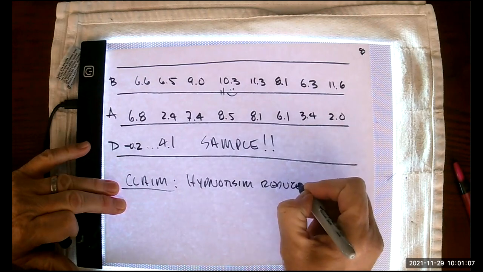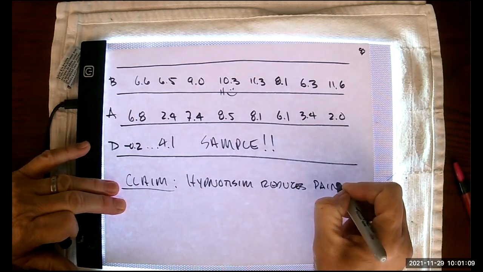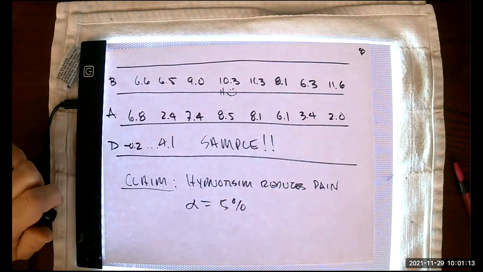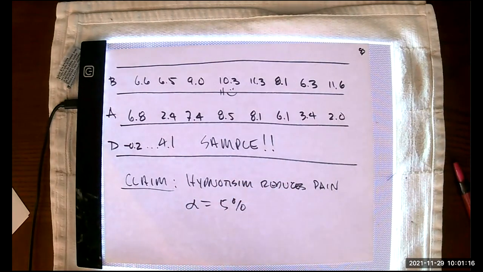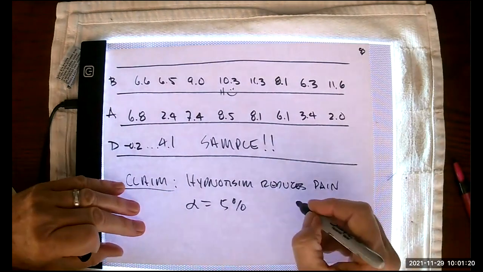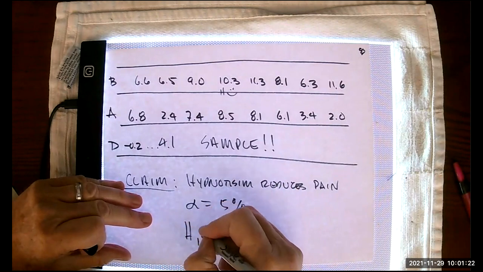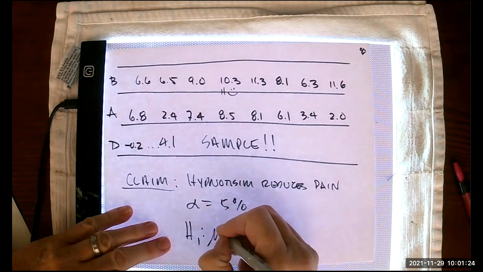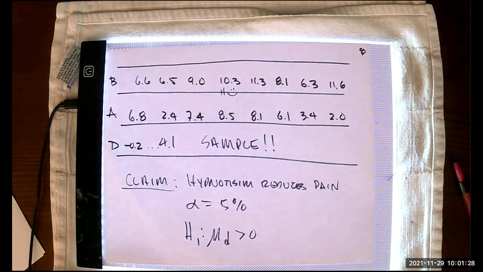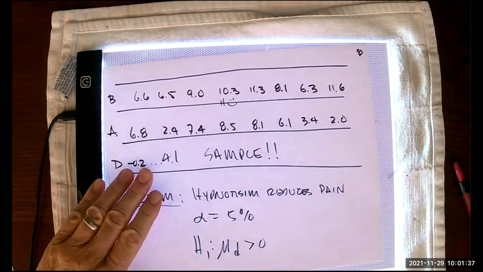hypnotism reduces pain. And we're going to use an alpha equals 5% level of significance. Now, as I've already pointed out, this is the initial claim. The population mean of differences is greater than 0. So let me go ahead and get my test started.